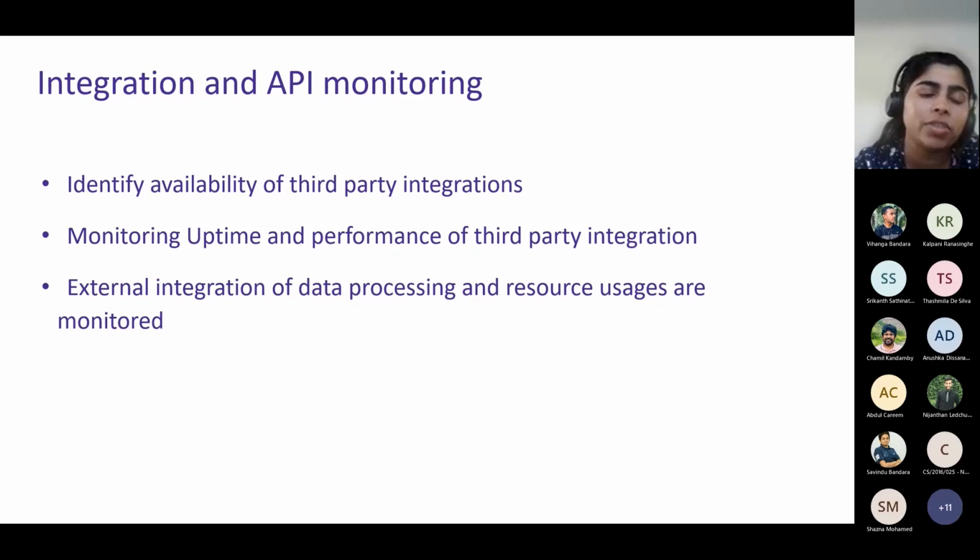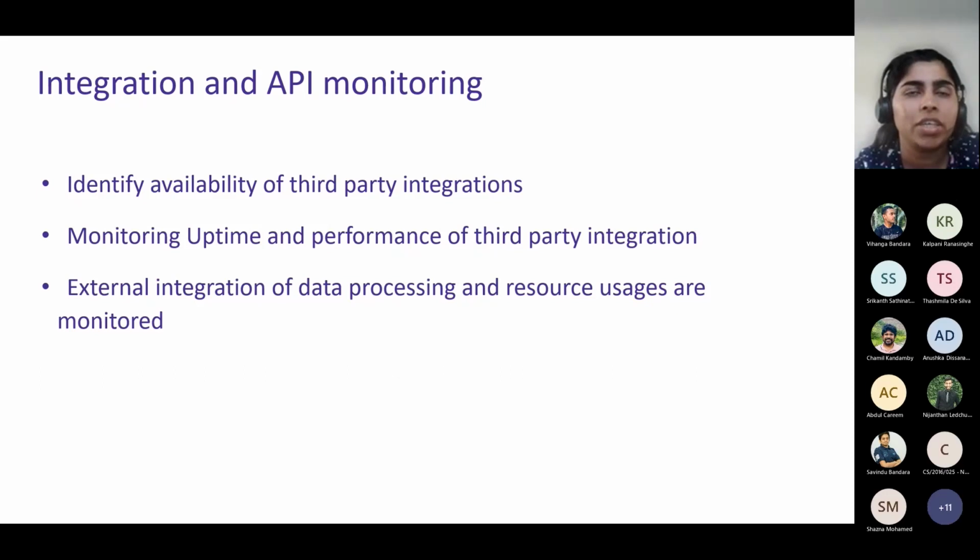External integration data processing and resource usage are monitored. This is how the CPU usage changes when we are working with this third-party integration, and this type of thing should be monitored.